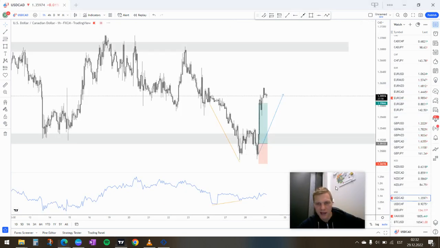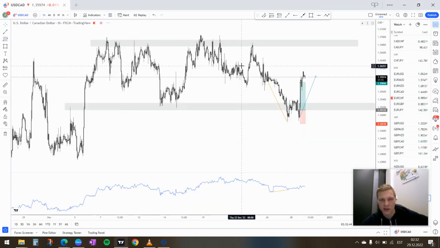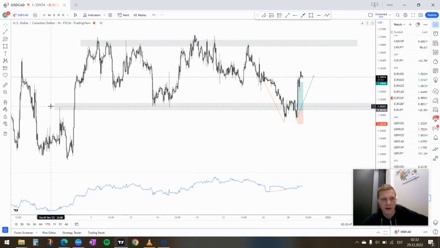Now USD CAD is more straightforward. There's a line of support here, right?